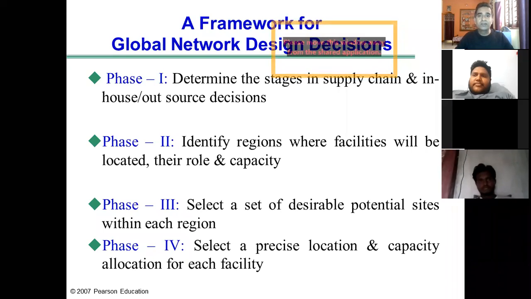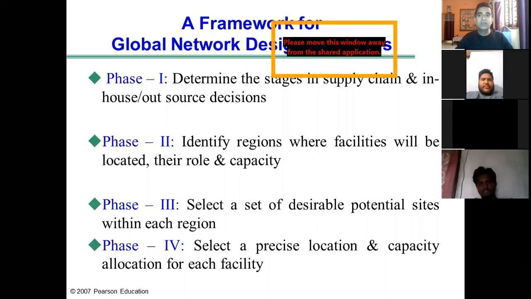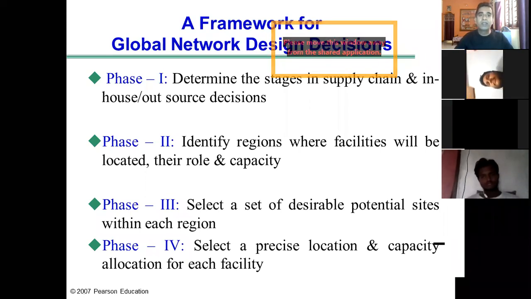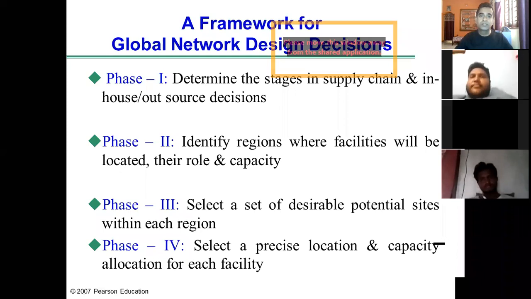So broadly, this task is divided into 4 phases. Okay, the first phase is about determining the stages in the supply chain and in-house or outsource decisions. So if you remember, a traditional supply chain has 5 stages: suppliers, manufacturers, distributors, retailers, and customers.